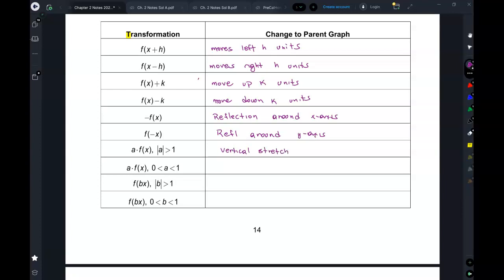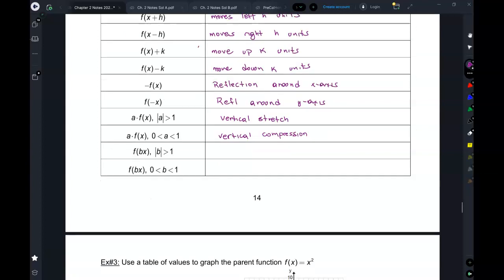I'll take questions in a second. If you have a times f of x and a is between 0 and 1, it's a vertical compression. This is called the language of the discipline. We have to use technical words. Now, if I have f of bx, this is harder to see, but it's also a stretch and a compression.